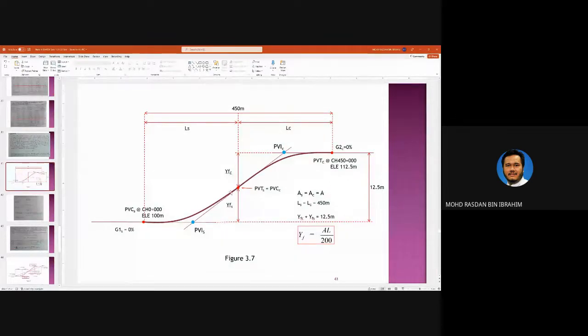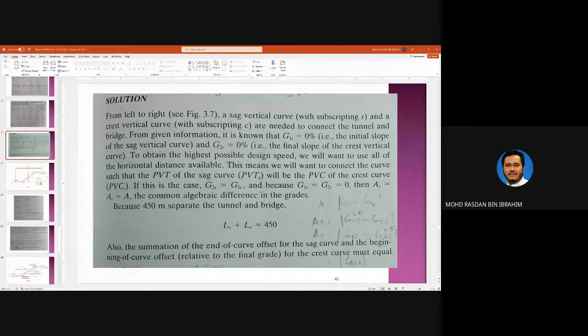So this G2 for the sag curve is equal to G1 of the crest curve over here. Gradient is the same. Thus, because G1 for the sag curve and G2 for the crest curve equal 0, it is flat, then the value of A for the crest and the sag curve is one common value, 1 A value.